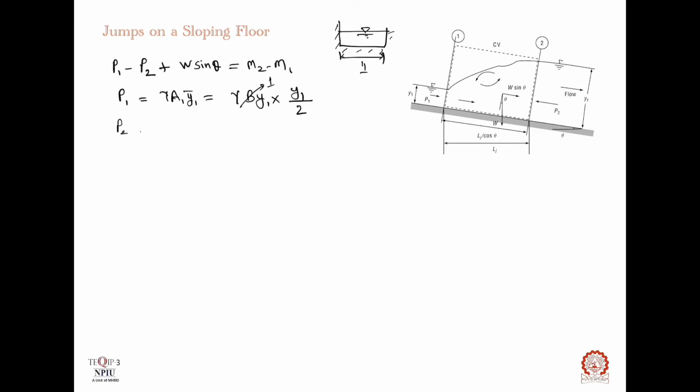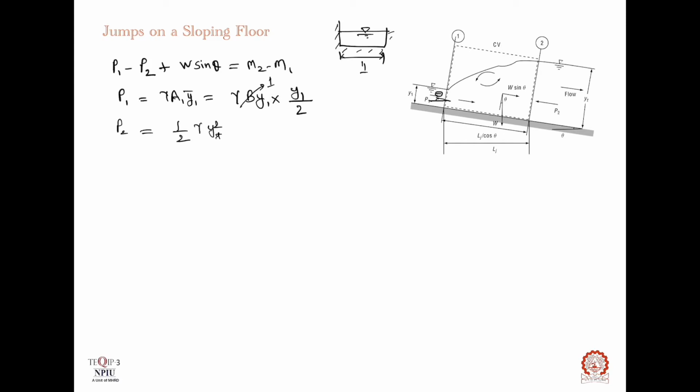In a similar way, P2 is half of gamma y2 square. And one more thing is that here the bed of the channel has a slope, that's why this pressure force is inclined at theta degree with the horizontal.